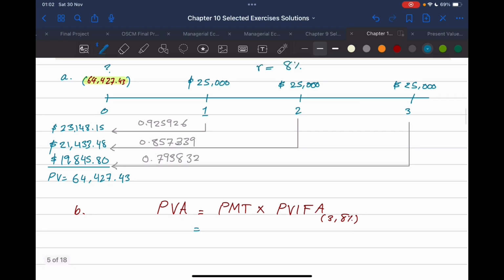The payment is the 25,000, which is the regular payment that we expect to receive at the end of each year. $25,000 multiplied by 2.577097. I already have the interest factor on my calculator, so I'm just going to multiply that by 25,000. And the amount I get is 64,427.425, so I'm going to round that up to 43 cents.